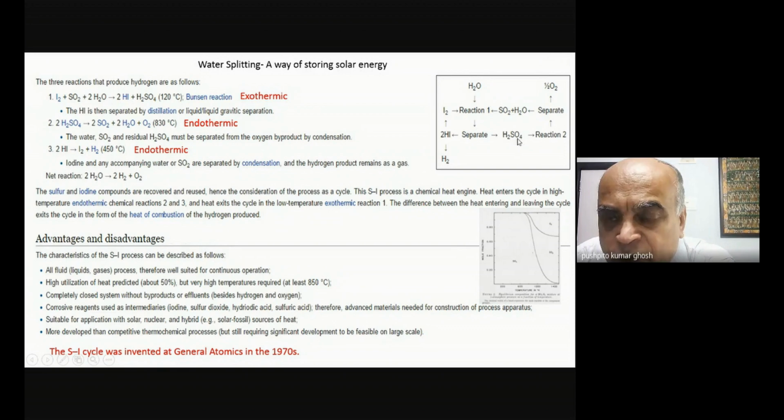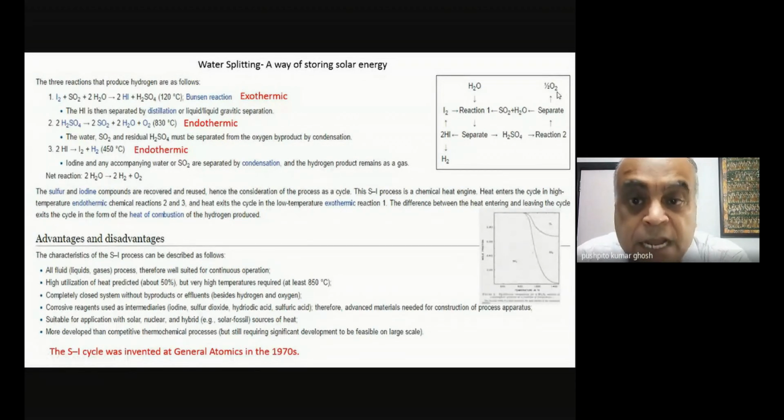And this H2SO4 I heat up and it gives me oxygen, which is coming out, and it gives me SO2, which I'm feeding back here. So everything is beautifully cycled, and the only thing is that I've got hydrogen and oxygen coming out. My input is H2O and my output is H2 and O2.